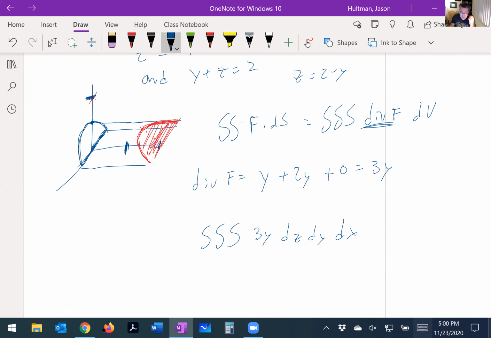Now I have to ask myself, what are x, y, and z going from? I want to get my limits here. What does x go from? It looks like x is going from -1 to 1.